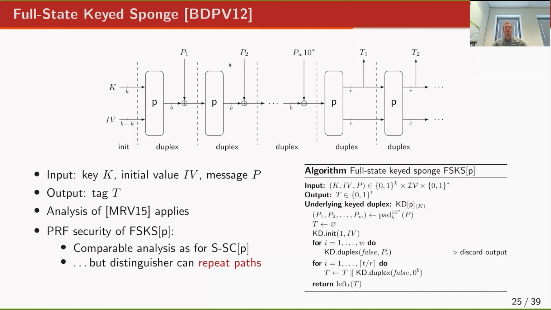So you make 2 key sponge evaluations with the same P1, but a different P2. This means that the path towards this duplexing call is the same, and only then do you start to incur a difference. So the attacker can repeat the path, and this influences the resources of D prime.